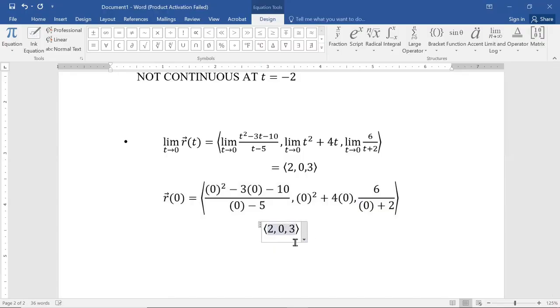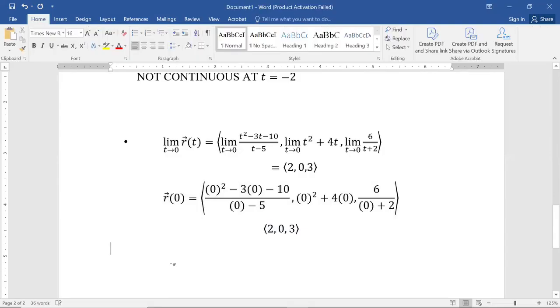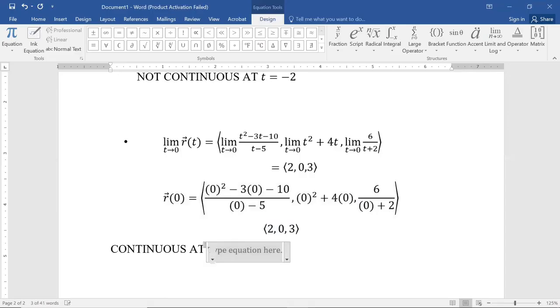So my function has limit as t goes to 0, which is the same as r of 0. Therefore, this is continuous at t value of 0.